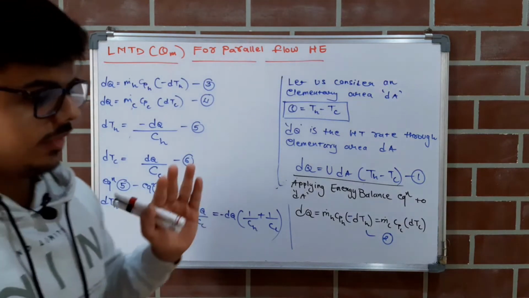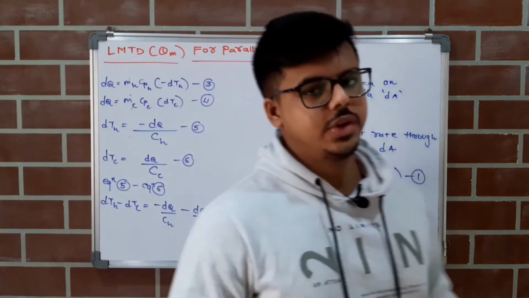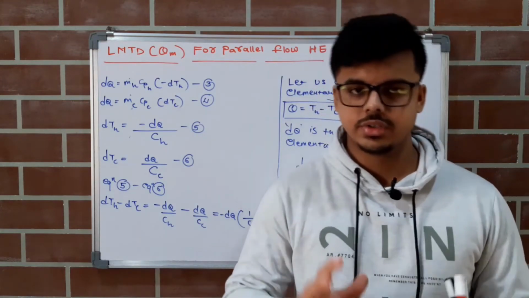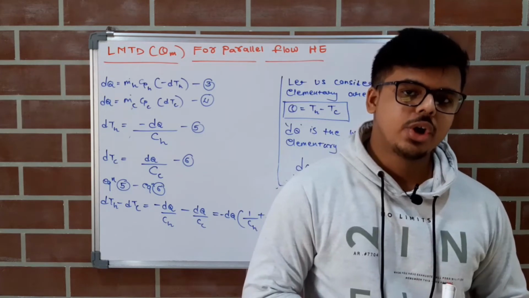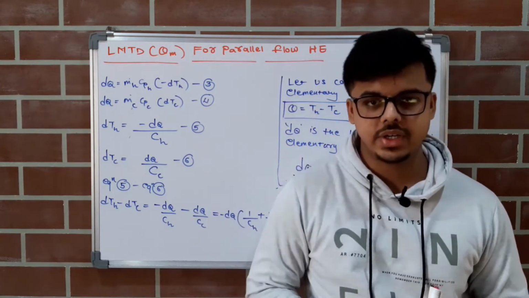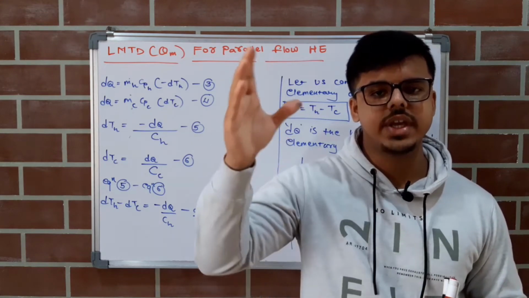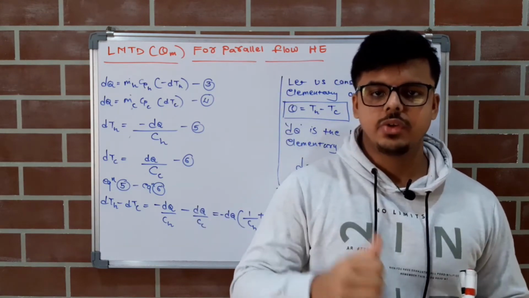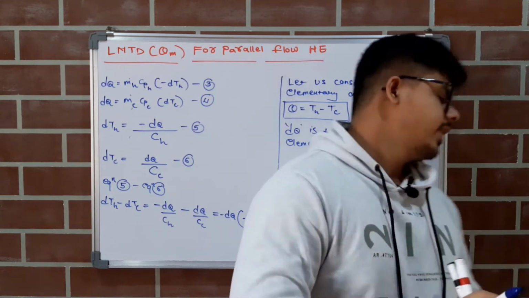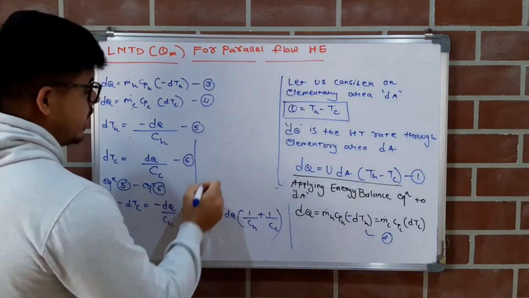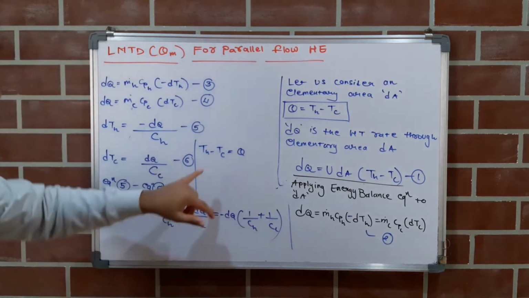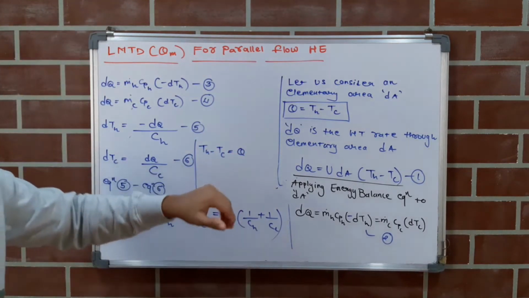Now, if you remember the graph, here I don't have it, but I can explain it directly. In that graph, we have the instantaneous temperature, the temperature at any specific time of that element, as Th minus Tc. In that graph, I represented Th minus Tc as theta. So Th minus Tc is equal to theta.